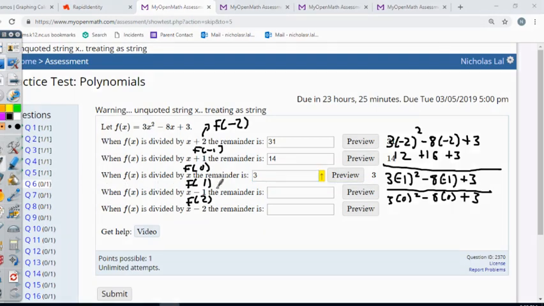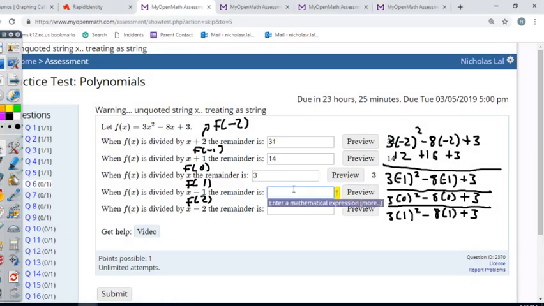When your factor is x minus 1, we're evaluating f of 1. So that's 3 times 1 squared minus 8 times 1 plus 3. That's 3 minus 8, that's negative 5, plus 3, that's negative 2. Dividing by x minus 2, we find f of 2.